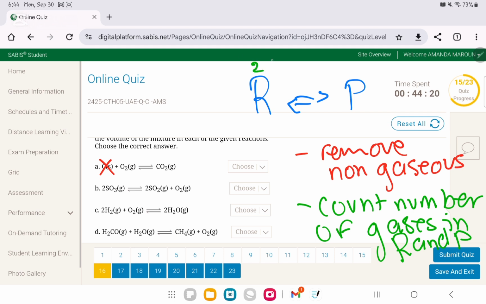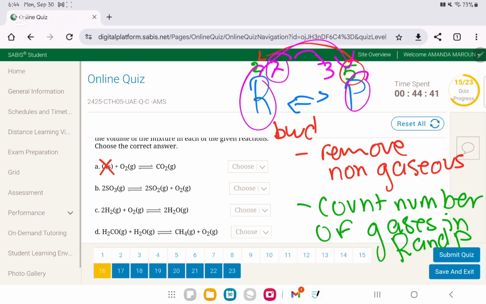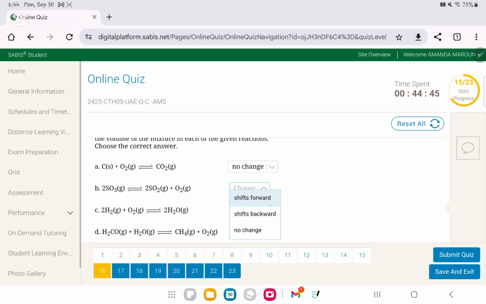So let's say here there is 2 and here there is 5. Definitely the one with 5 gases will give to the 2 gases. So if we're going from products to reactants, then it is backward. However, if, for example, here is 7 and here is 3, the 7 will give to the 3. So if it's going from the reactants to the products, it is forward. So here this is no change. This shifts backwards, this shifts forwards, and this is no change.